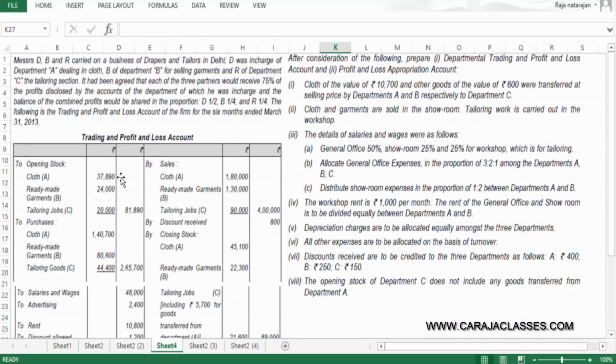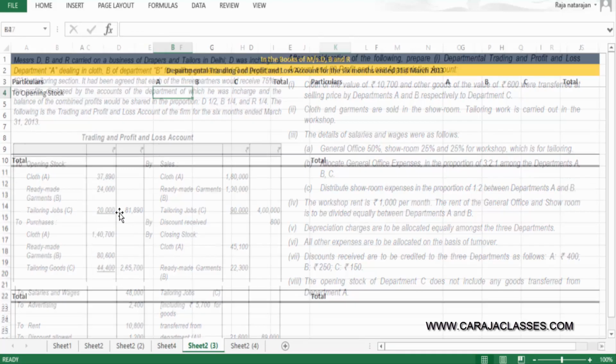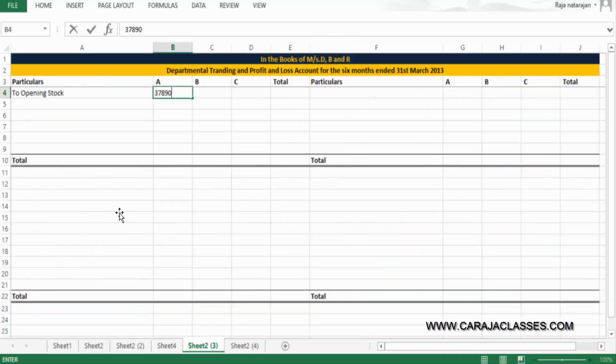We have 37,890, 24,000 and 20,000. So let me total this, using the formula over here and even here. Fine. So we have captured the opening stock now.